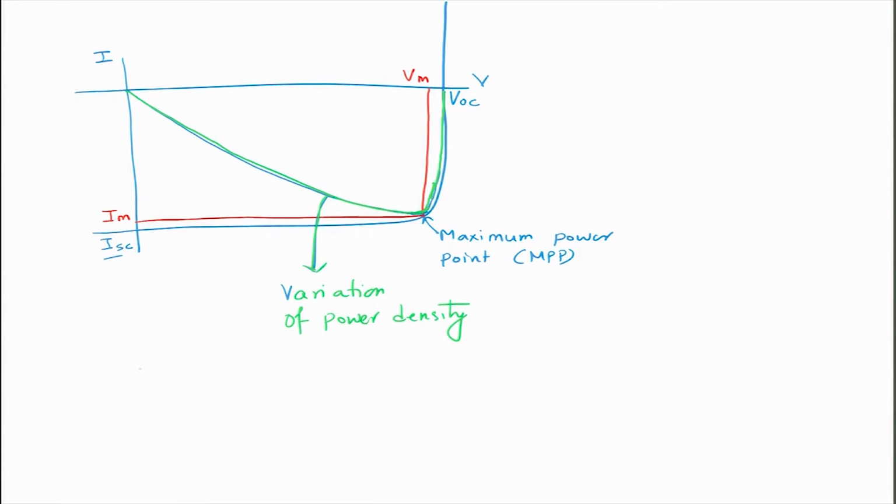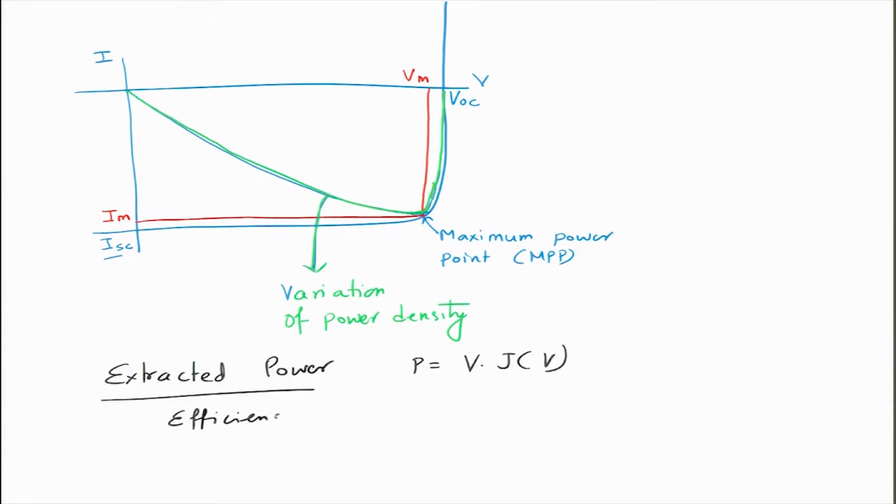So, the extracted power of a solar cell is P equal to V into JV, and efficiency is equal to V into JV divided by PS, and this is maximized when d of (JV into V) versus dV is equal to 0, because it shows a maximum here.